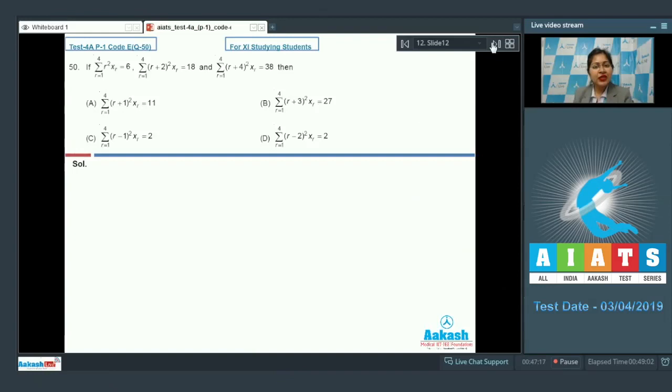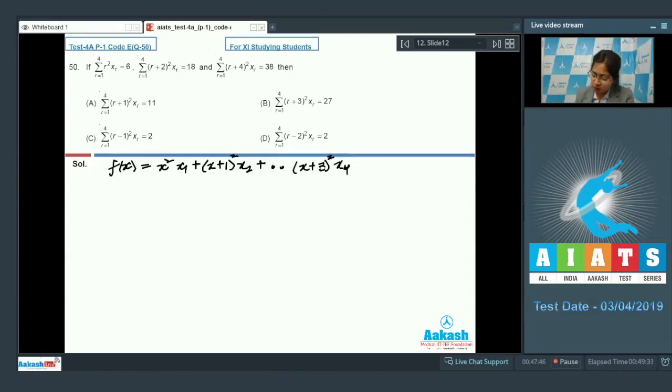Next is question number 50, which says that if summation r equal to 1 to 4, r square xr is equal to 6. Similarly, two more summations have been given to us. Now here I can assume f(x) equal to x square into x1 plus (x plus 1) square into x2 and so on up to (x plus 3) whole square into x4.